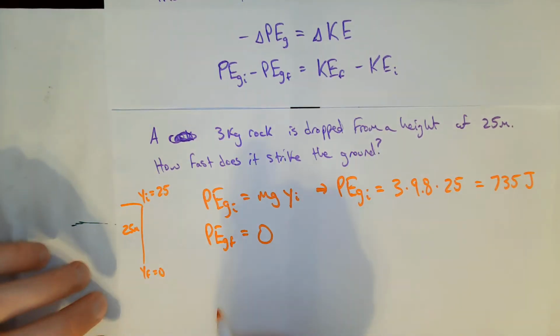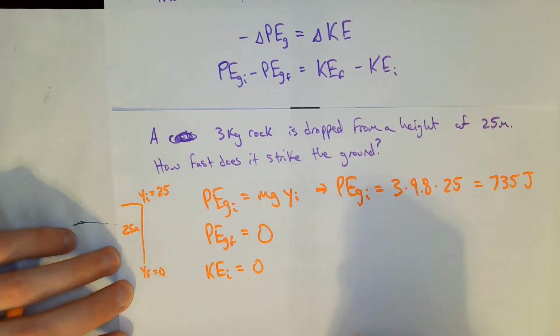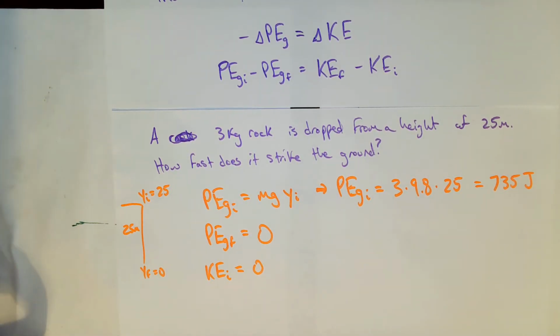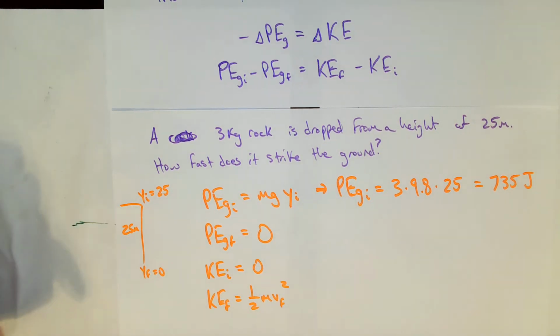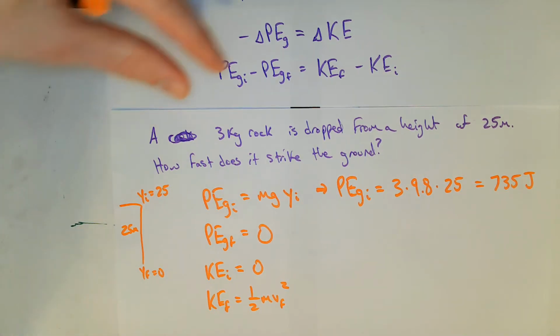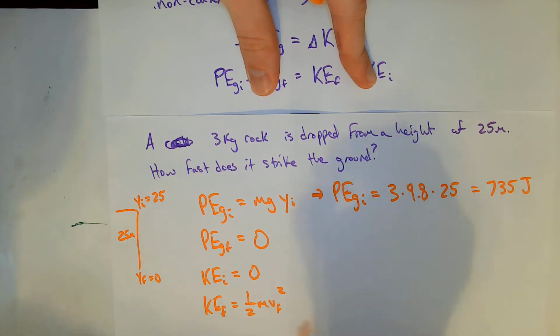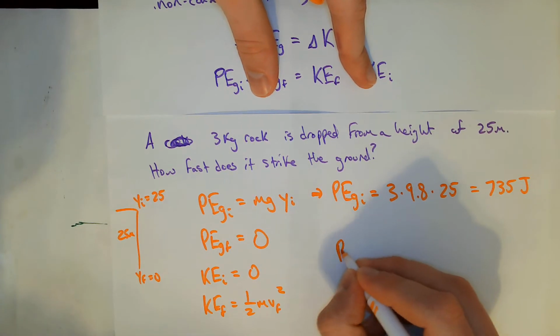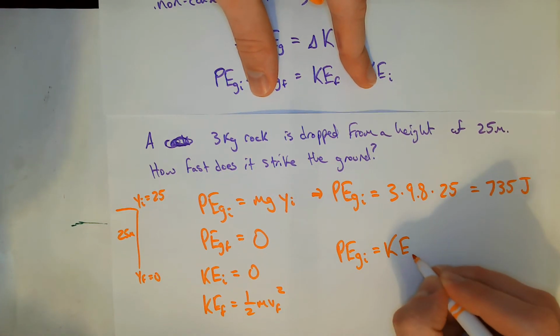What about kinetic energy? My initial kinetic energy is 0 because it's held at rest and then dropped. My final kinetic energy is going to be 1/2 m v final squared. I'm looking for final velocity, but you can see that when I set up my equations, these two terms go away, and I just set PEGI equal to KEF.